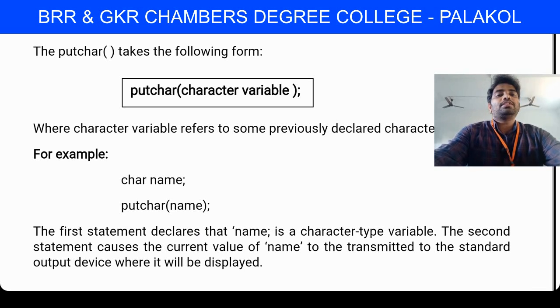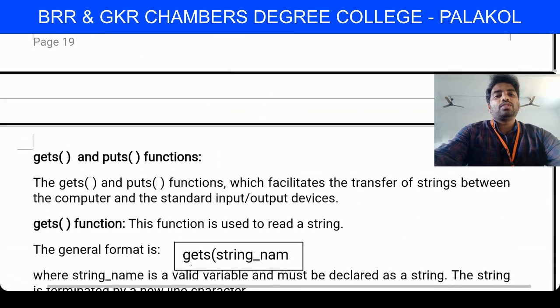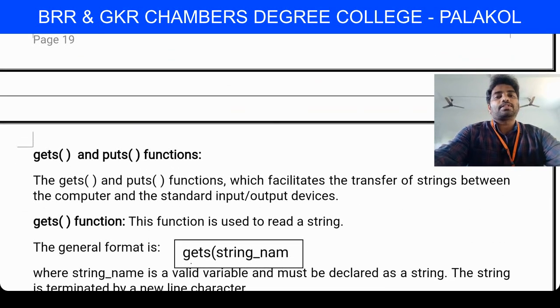The first statement declares that name is a character type variable. The second statement causes the current value of name to be transmitted to the standard output device, where it will be displayed. Next one, gets and puts functions. Get means read, s means string.